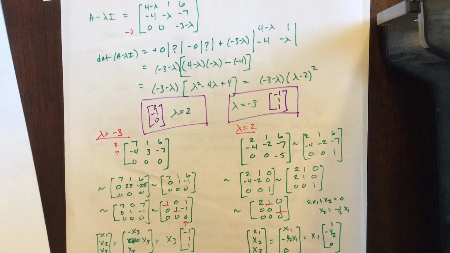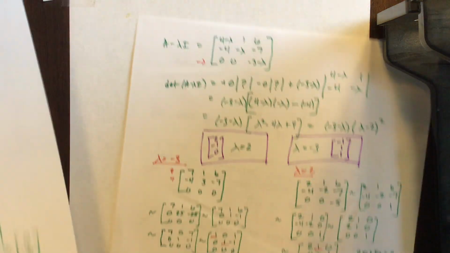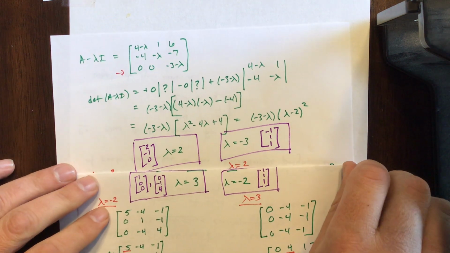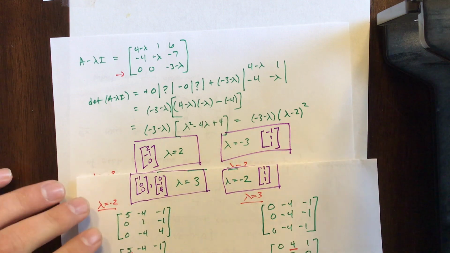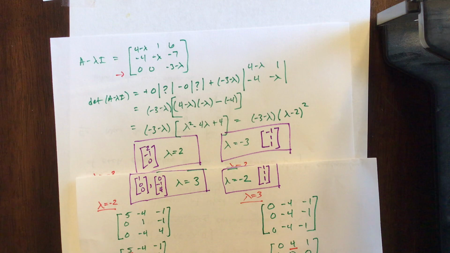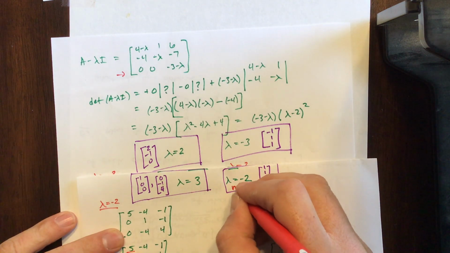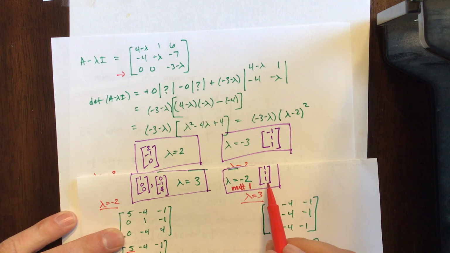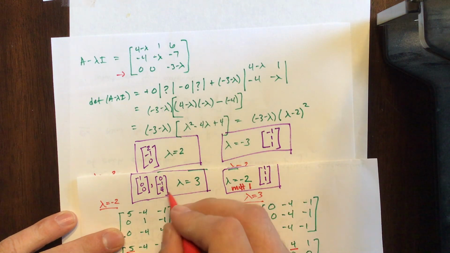All right, so if we look at these, it's not really going to show, so I can fold this over. In the 2 examples that we did, the first example we had 2 eigenvectors. This had multiplicity 1, and there was one eigenvector associated with it.